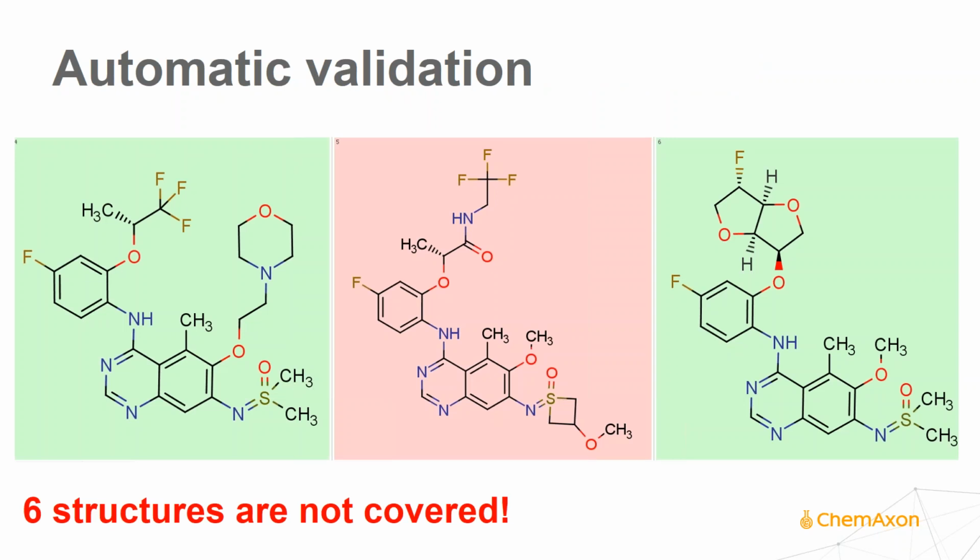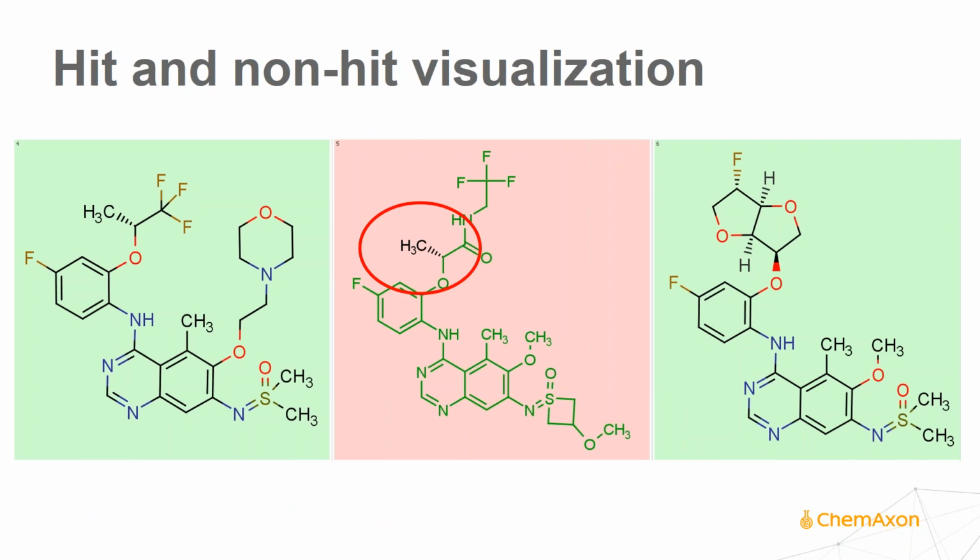And the tool is not only able to show you which one is matching and which one is not, but we are also able to tell you why this is not matching. Our hit highlighting technology is capable of highlighting this methyl group, which is not covered by the claim.